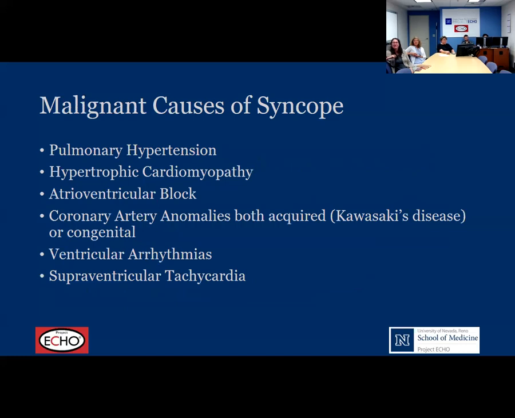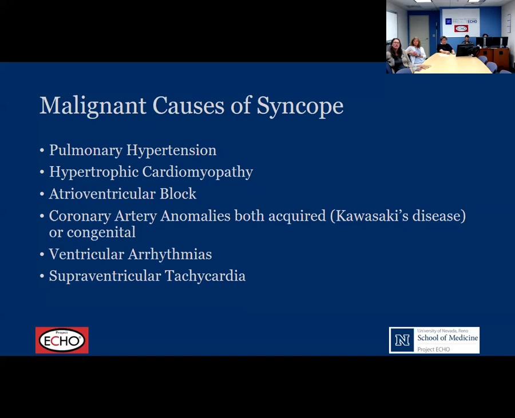So malignant causes of syncope, that's where everybody gets really anxious. And I did not put seizures on here, but that would be in the differential. Pulmonary hypertension, when the pressures are extremely high in the pulmonary arteries, is a set of patients who, when they have syncope, that's actually a very poor prognostic sign for how well they'll do and what their ultimate mortality will be.